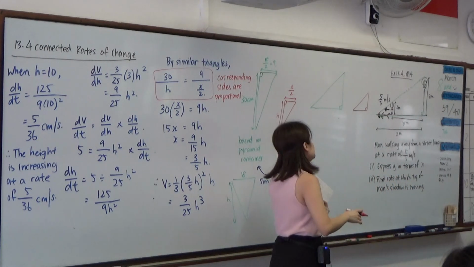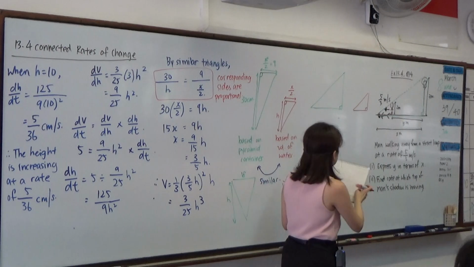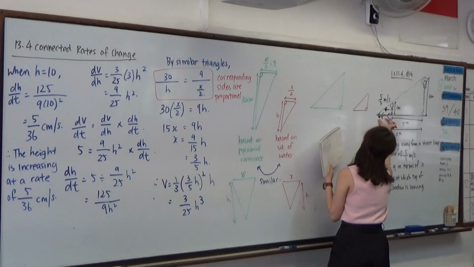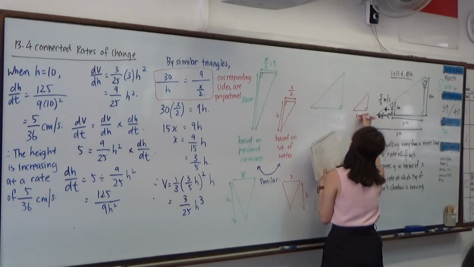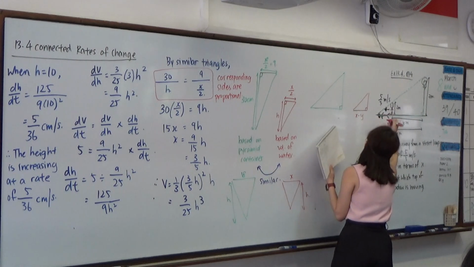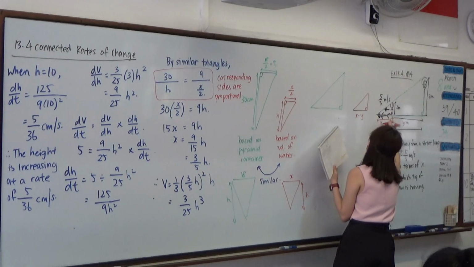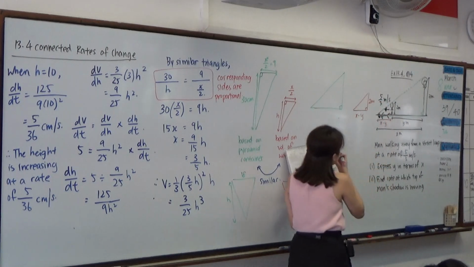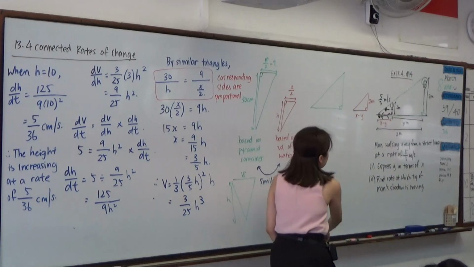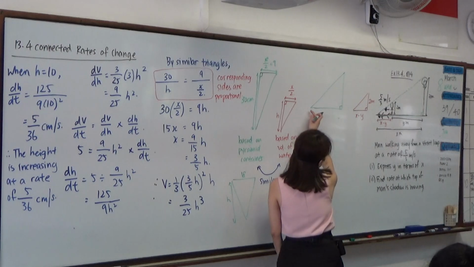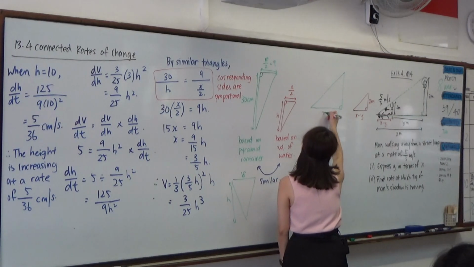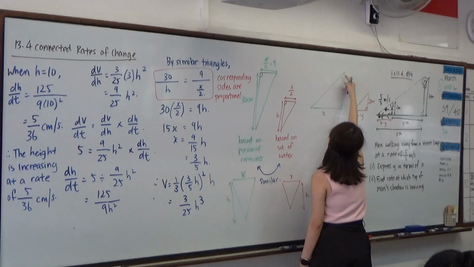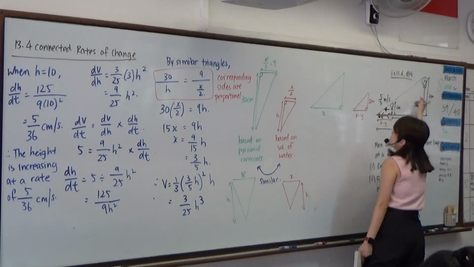Using this information, this part here will be x minus y meters, and the height here is 2 meters. Whereas for the big right angle triangle, the base will be x here, and the height here is 7 meters.